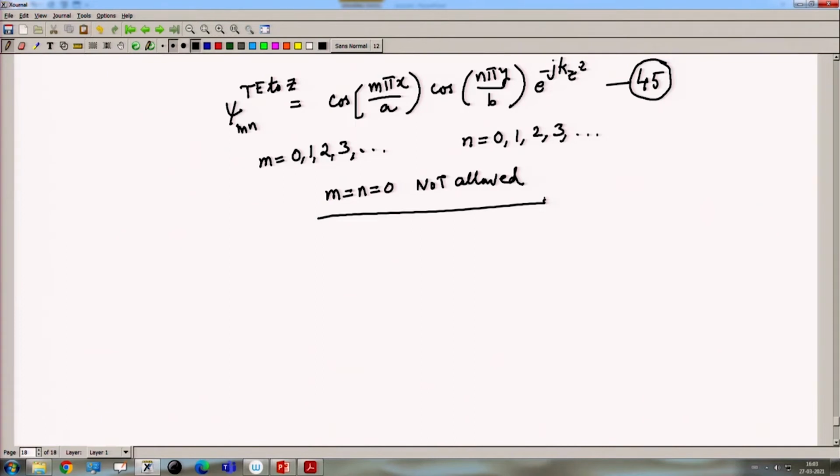Now, the separation equation which we wrote down for the TM to z mode, which is k square equal to m pi by a whole square plus n pi by b whole square plus k z square, it is the same in this case.